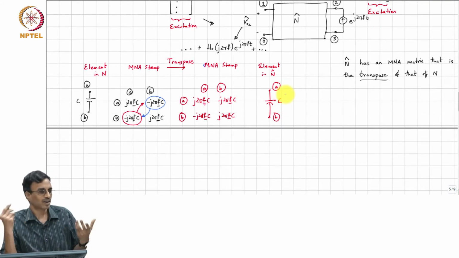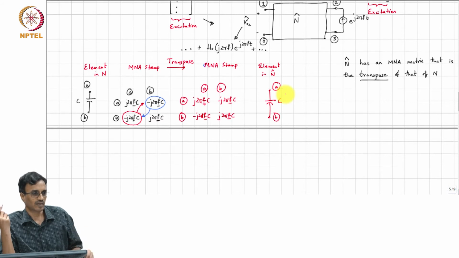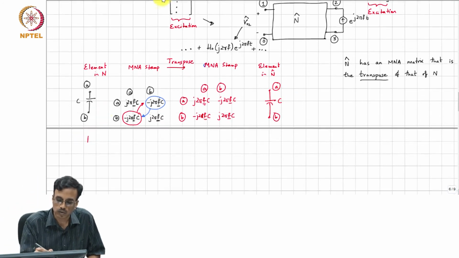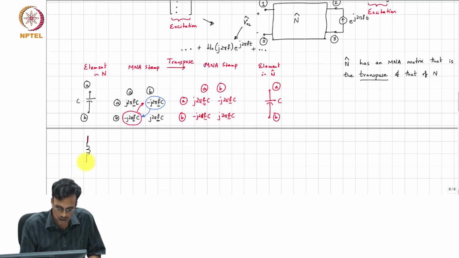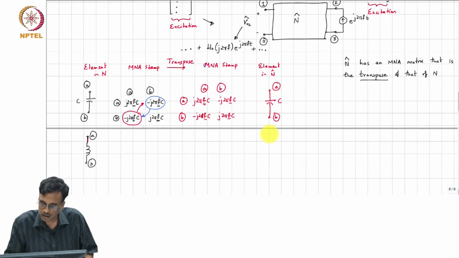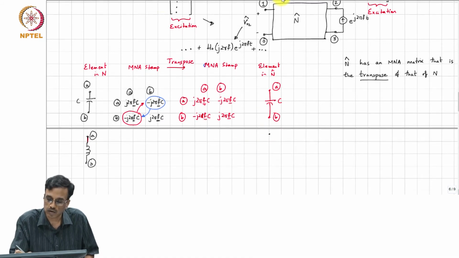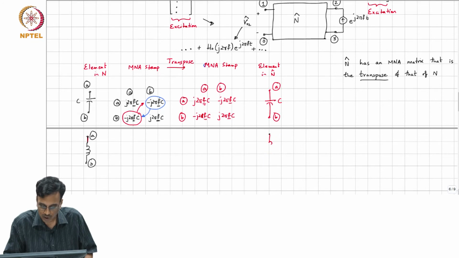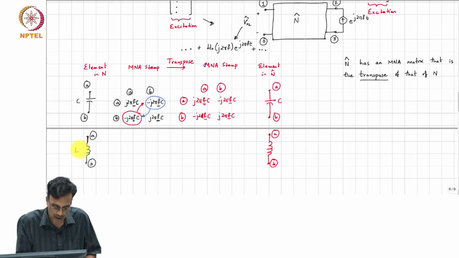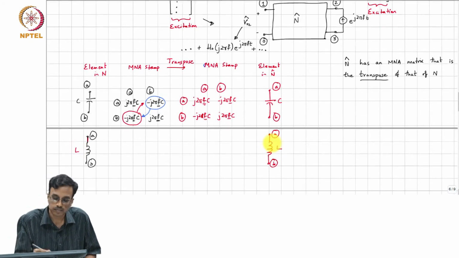Okay. Inductor also is the same thing. So, I am not going to do the math here now. So, this is A, this is B, and in the adjoint or the interreciprocal network, you will have this is A and this is B, this is L, this is also L.